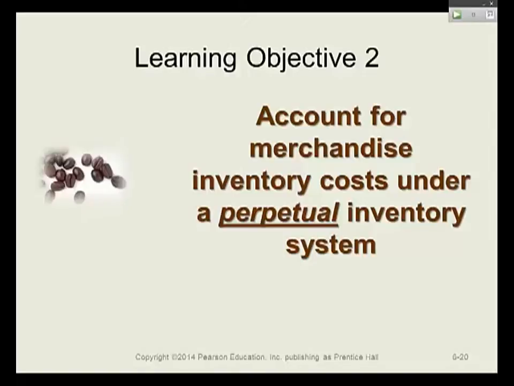Now, the questions I was getting seemed to imply that you had less inventory. You have the same number of units, but a lower cost. And the same thing is true with the discount. Or conversely, the freight increases the cost of inventory. And when you take the purchase discount, don't forget the purchase discount does not include the freight.